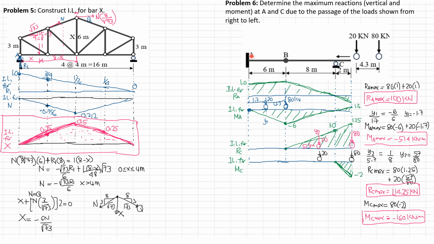That is, we replace this with a mechanism such that there is still resistance to moment, but no resistance to upward reaction. So that should be replaced by this mechanism here.